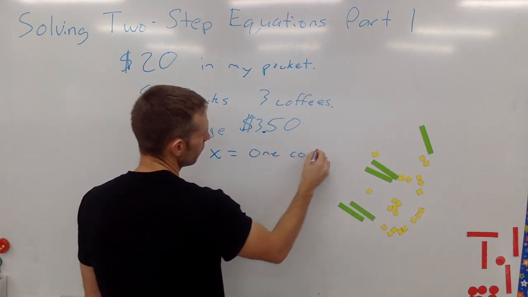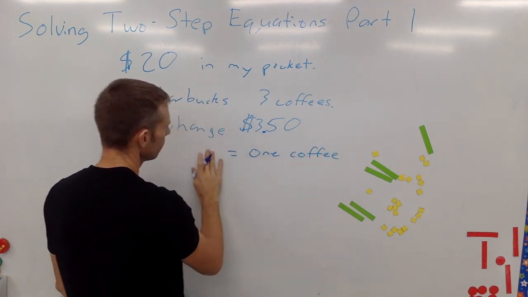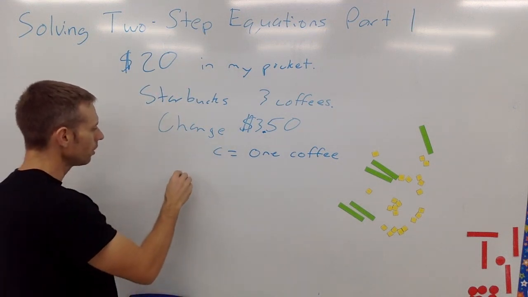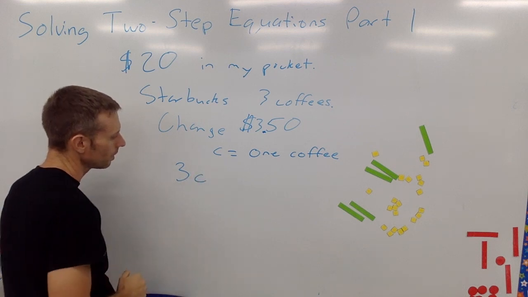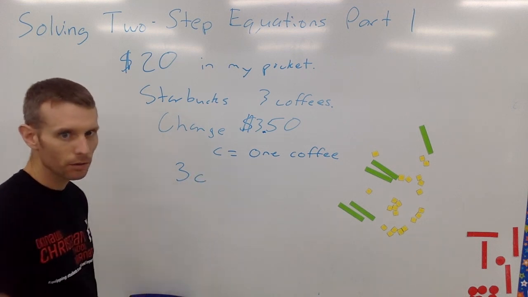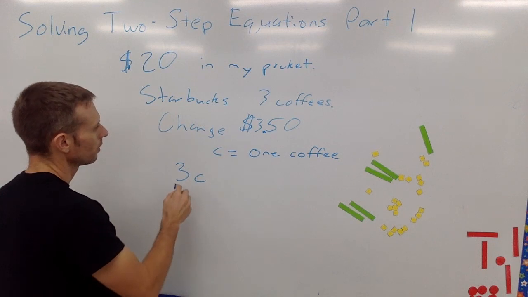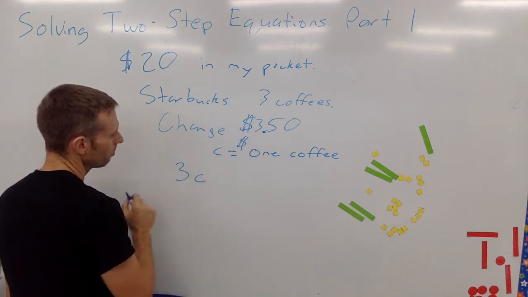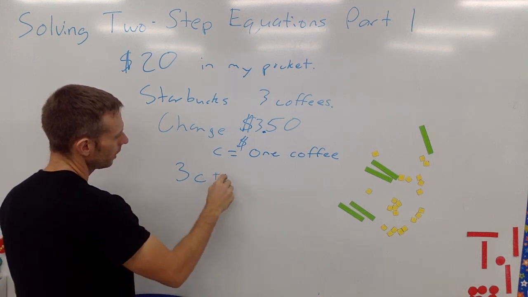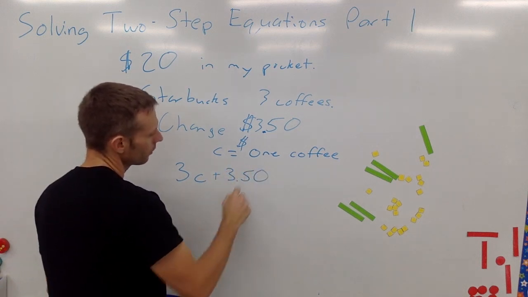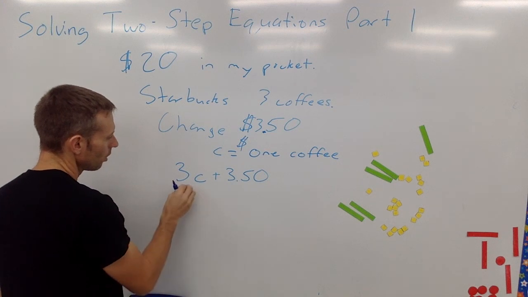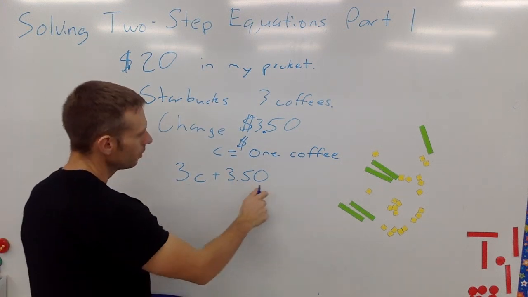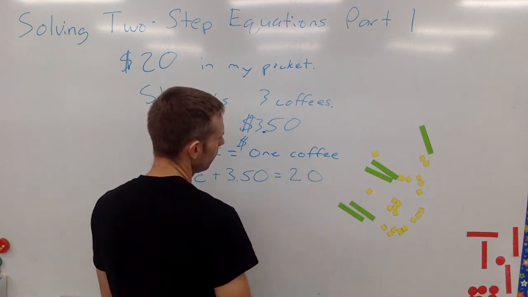Let's say C represents 1 coffee. I bought 3 coffees, so I'm going to write 3 times C, 3 times whatever the cost of the coffee is. And then I have $3.50 left over in my pocket. So whatever the cost of 3 coffees was, plus my change, should equal my original $20.